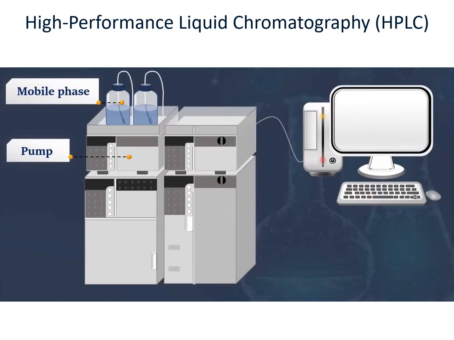Now, the third technique is high performance liquid chromatography. This technique is an analytical chemistry technique that is used to separate, identify, and quantify the components of a mixture under high pressure.